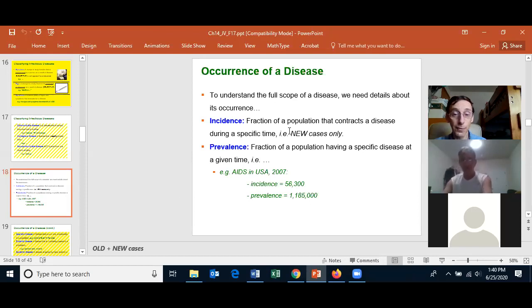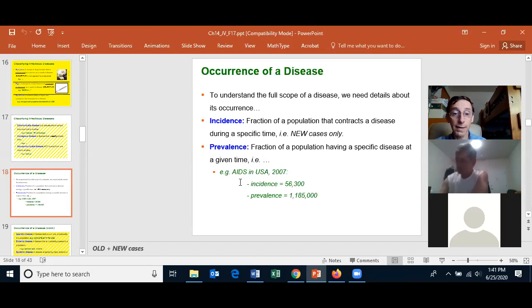So there are more and more new cases. Okay? The prevalence is the fraction of a population having a specific disease at a given time. So that means the prevalence is counting the old cases as well as the new cases.